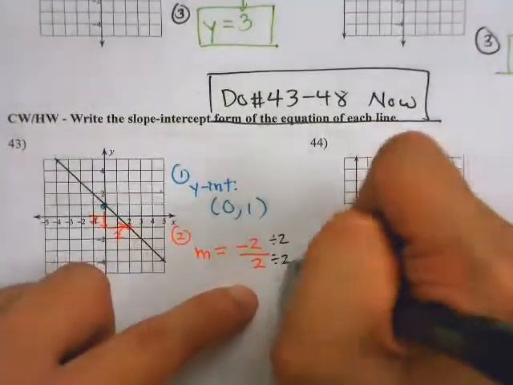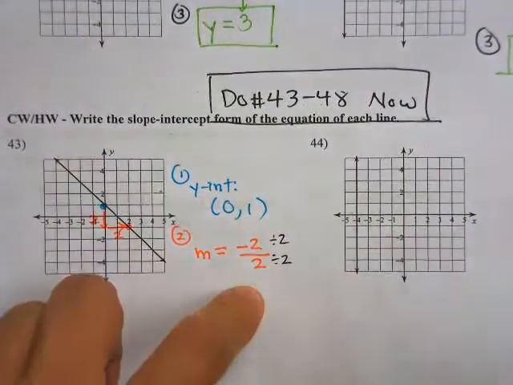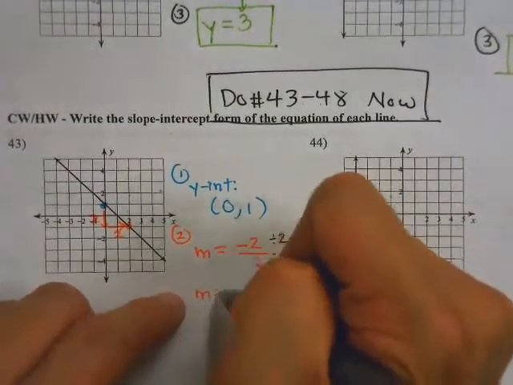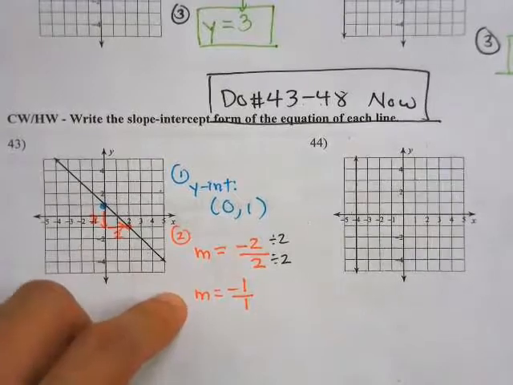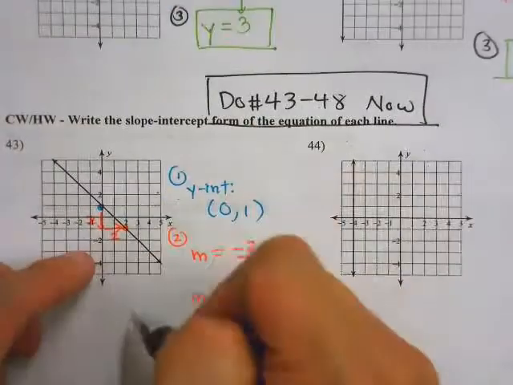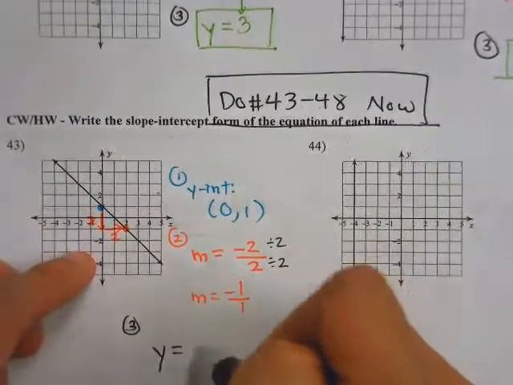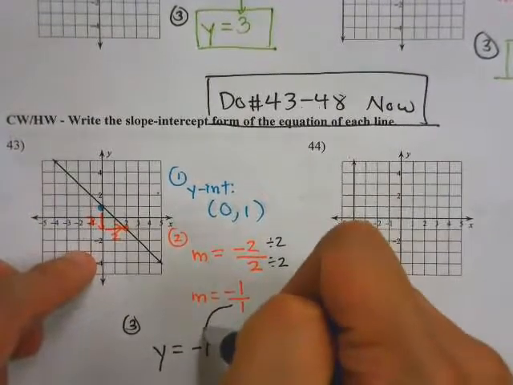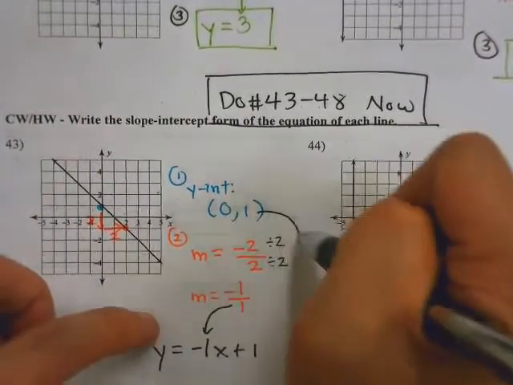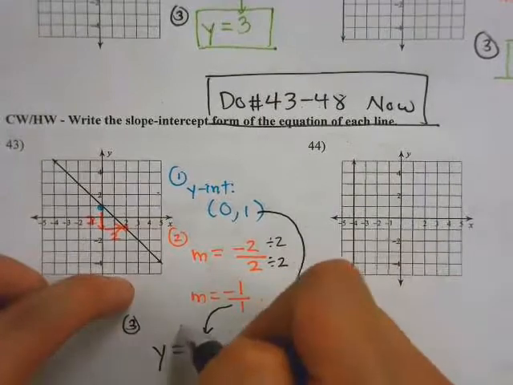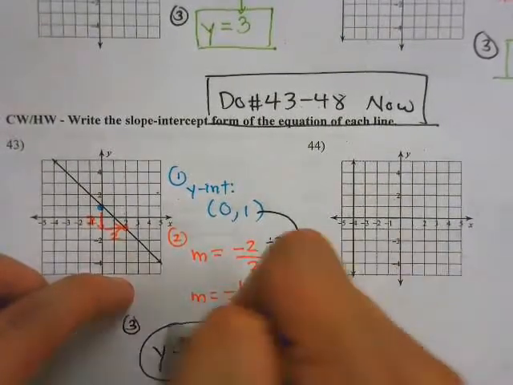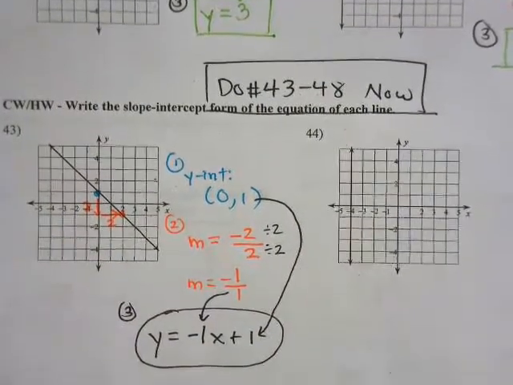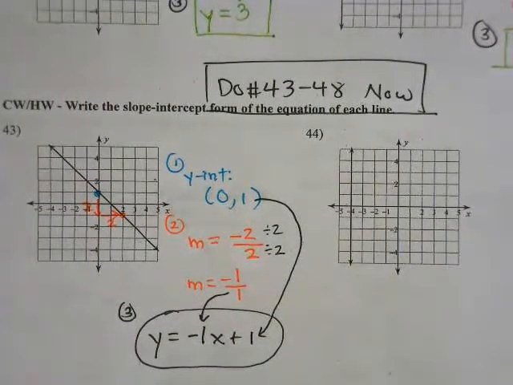Wait, until what? 48. Okay. If you guys are a little bit lost, number 43 is on the board.